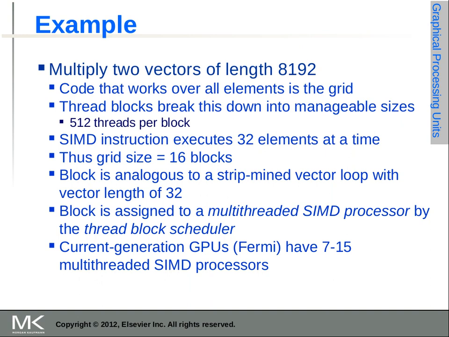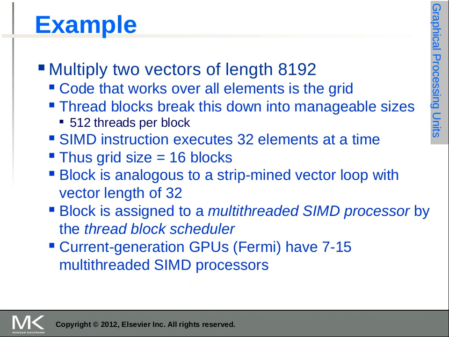Yeah, that makes sense because you have 512 threads per block. So if you do 8,192 divided by 512, you get 16 blocks. All right, good.